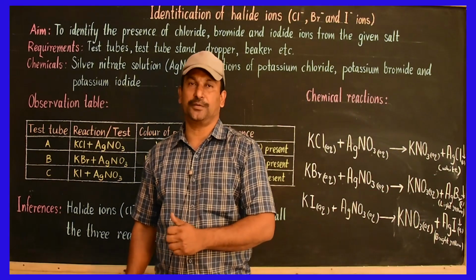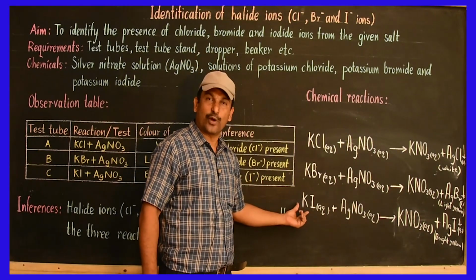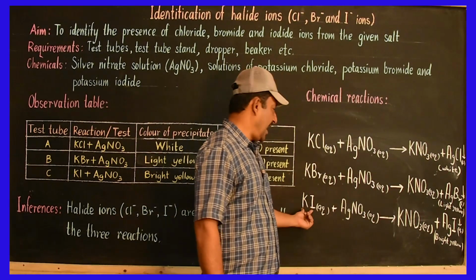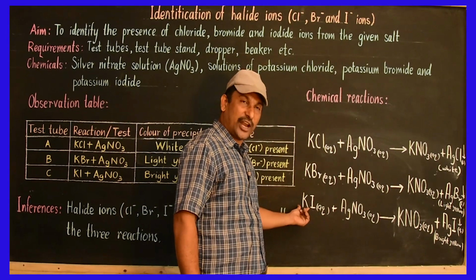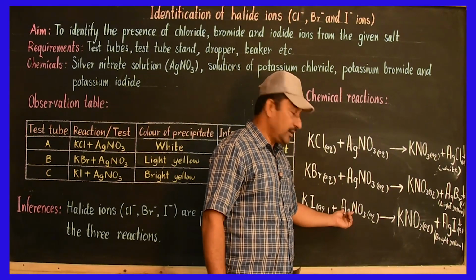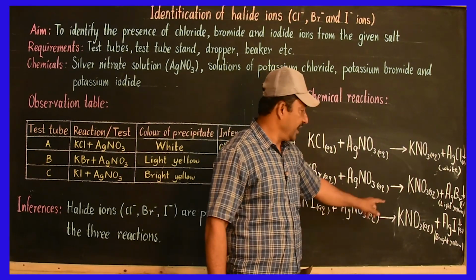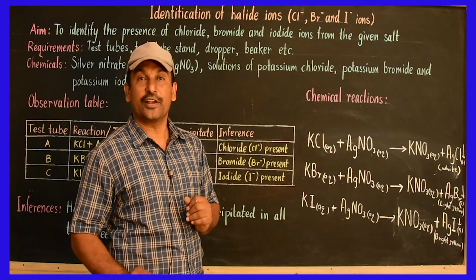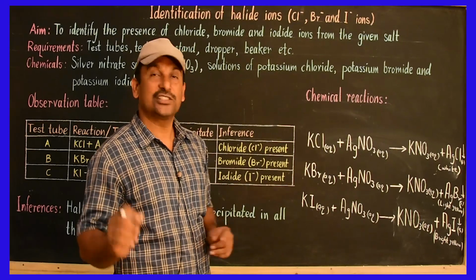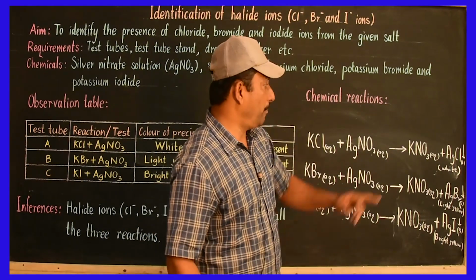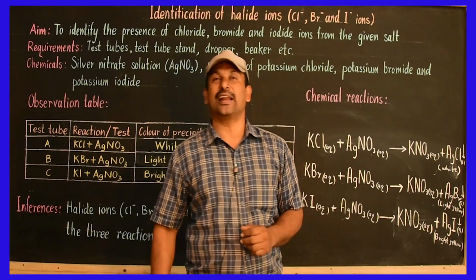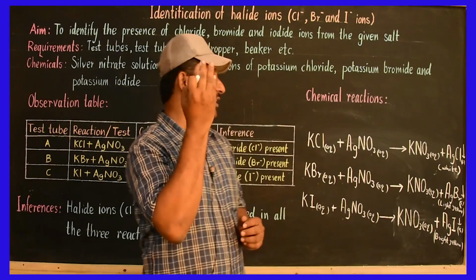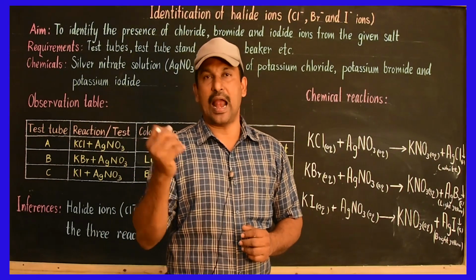And the last reaction: KI, potassium iodide, aqueous, plus AgNO3, silver nitrate, aqueous, gives you potassium nitrate, aqueous, plus AgI, solid, silver iodide. It has a bright yellow color. So based on the color of the precipitate, we can identify the three radicals, that is Cl, Br and I.